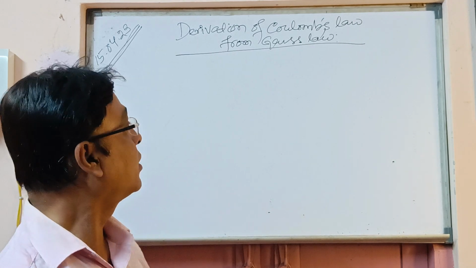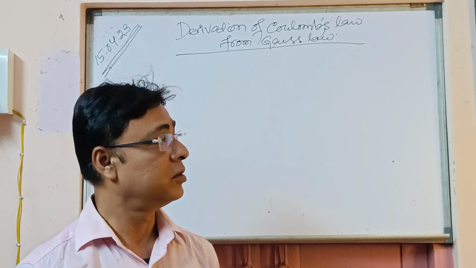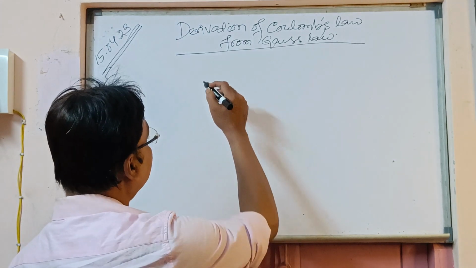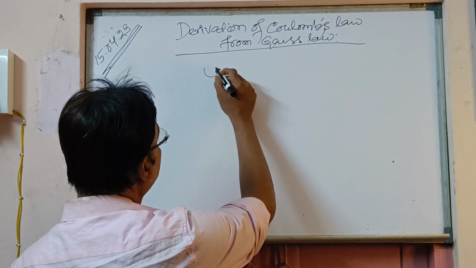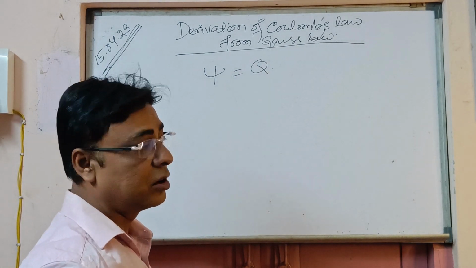Today we'll discuss the derivation of Coulomb's law from Gauss's law. As we know, from Gauss's law the flux coming out is equal to the charge enclosed.